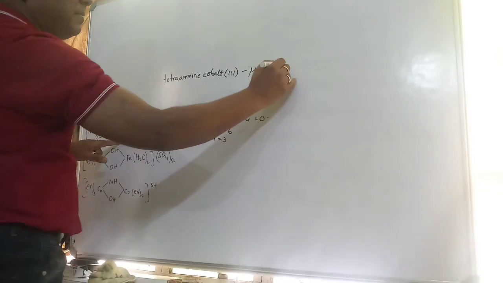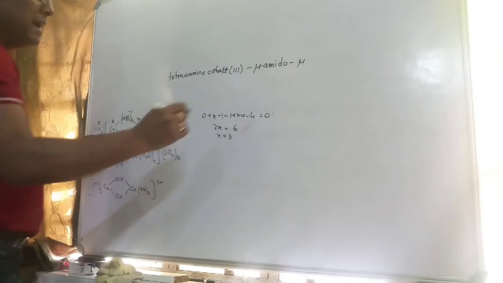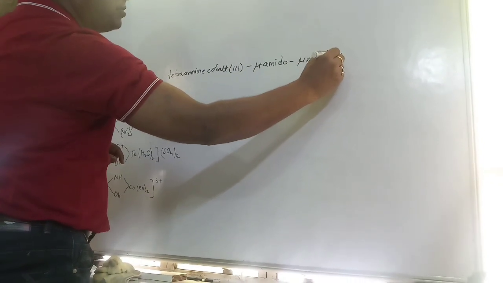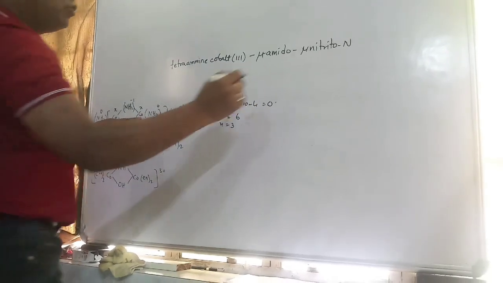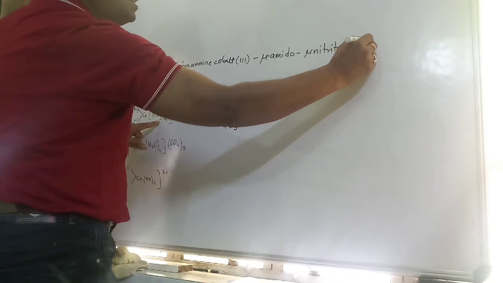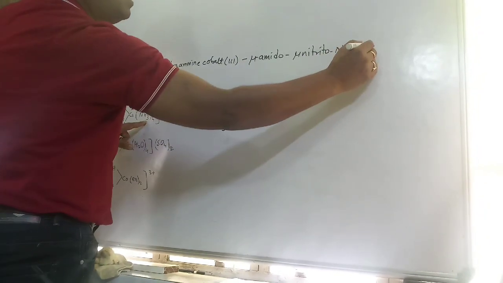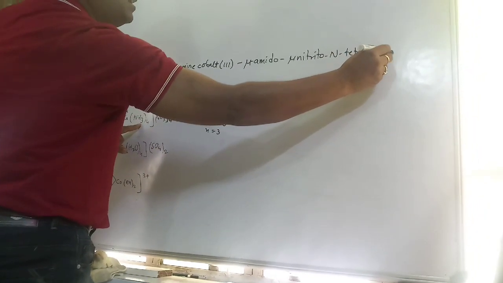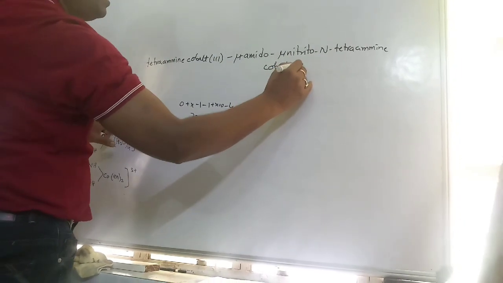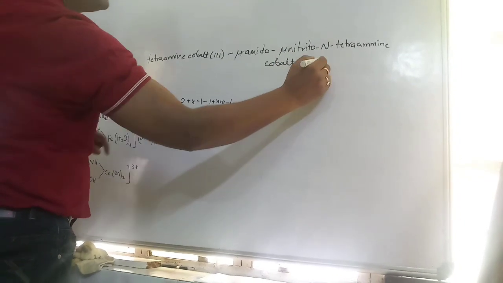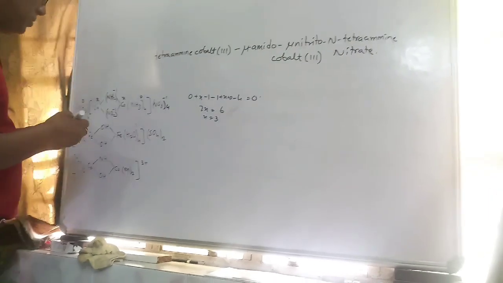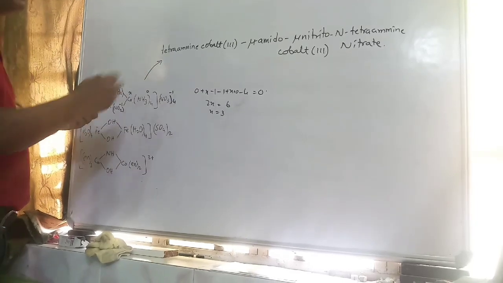Here another bridging element, mu nitrito N, N-I-T-R-I-T-O, nitrito N. Again cobalt 3 with tetraamine, cobalt 3, space nitrate, N-I-T-R-A-T-E, nitrate. So student, you can see how big the name is.